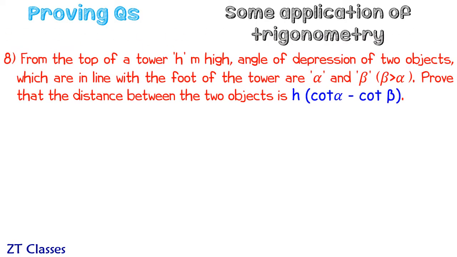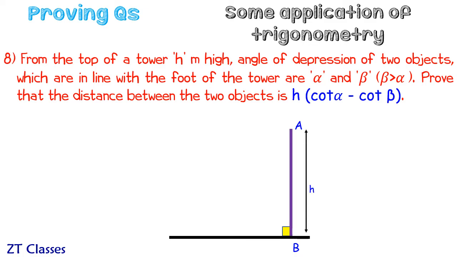Let's check the question. From the top of tower h meter high. So let's draw the ground and a tower which is h meter high. Angle of depression of two objects. So we are talking angle of depression. So the observer is standing at point A. Let's draw the line of sight for the observer.